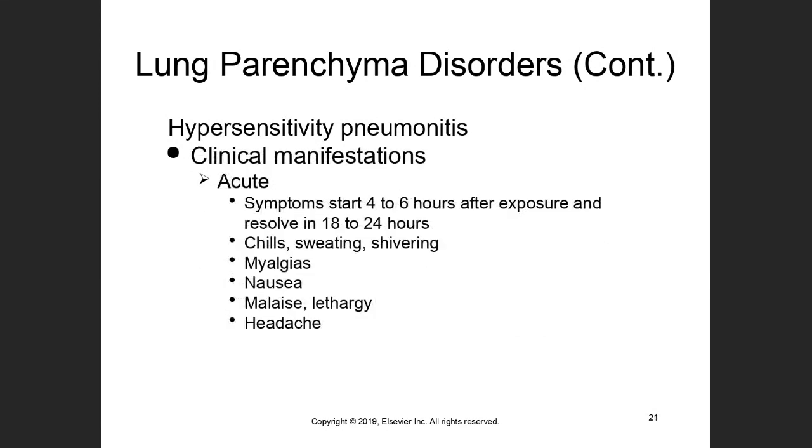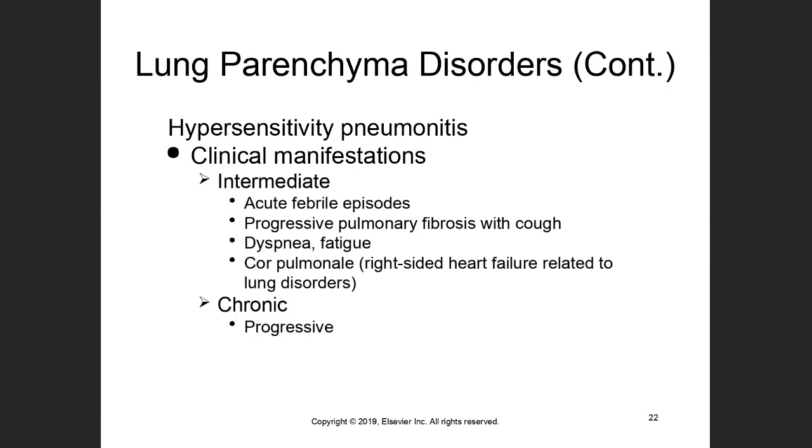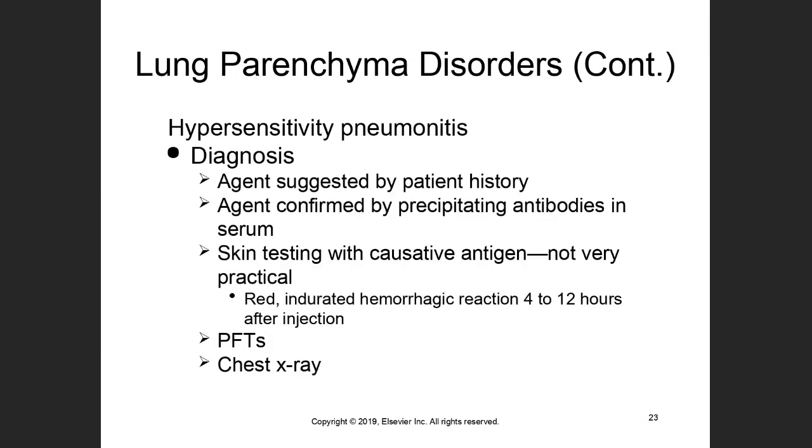Clinical manifestations, symptoms start 4 to 6 hours after exposure and resolve in 18 to 24 hours, okay? Chills, sweating, chest tightness, myalgia, nausea, malaise, lethargy, headache. Clinical manifestation, intermediate, acute febrile episode, progressive pulmonary fibrosis with cough, dyspnea, fatigue, and chronic is progressive.